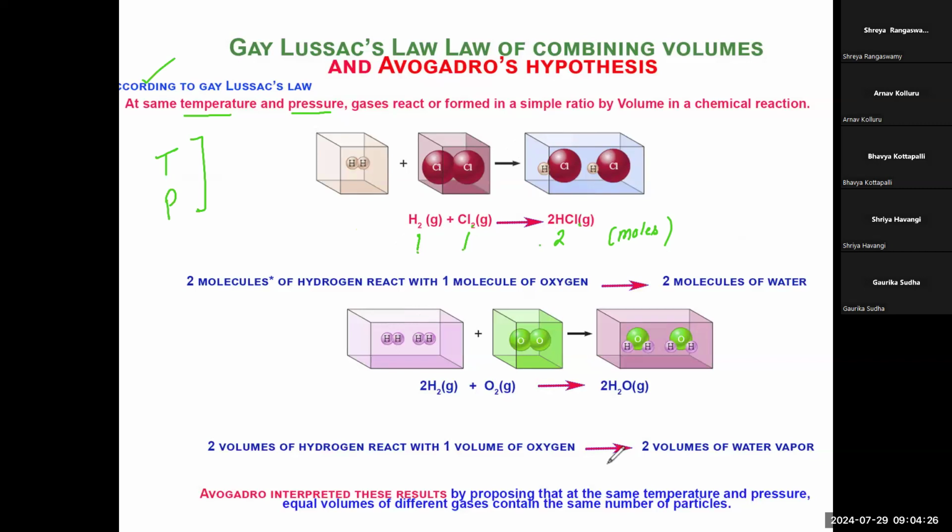Because later on, when we learn Avogadro's law, equal volumes have equal moles for gases.